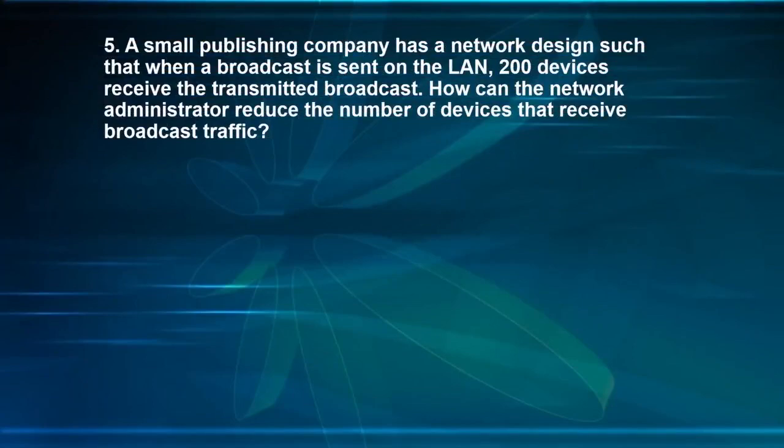For the fifth question, a small publishing company has a network design such that when a broadcast is sent on the LAN, 200 devices receive the transmitted broadcast. How can the network administrator reduce the number of devices that receive broadcast traffic? And the answer is to segment the LAN into smaller LANs and route between them.